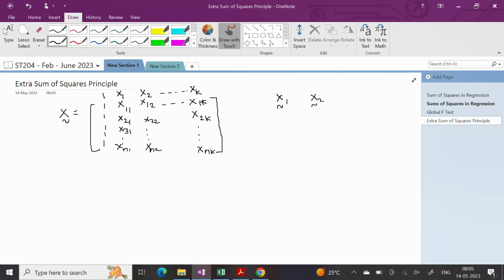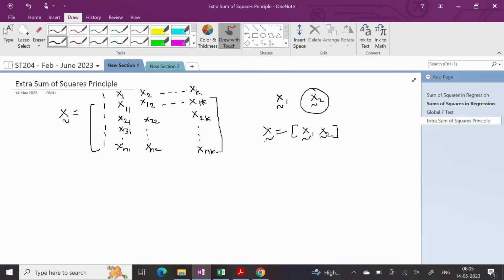We rearrange the columns of the X matrix, because we know that in the general regression model, the order of the regressors doesn't matter. We rearrange the columns in such a way that the variables whose redundance we want to test are part of X2, the second part of my X matrix, and the variables which I feel are useful are in the X1 part.